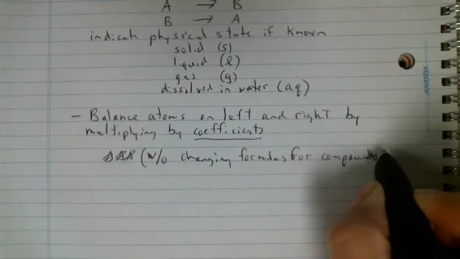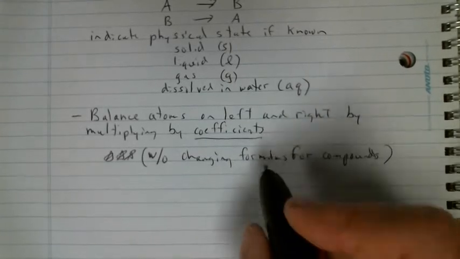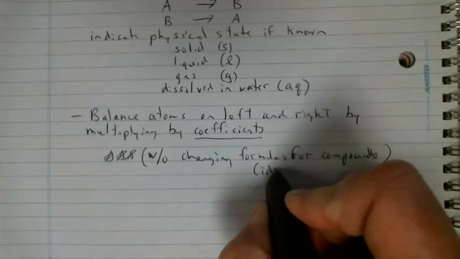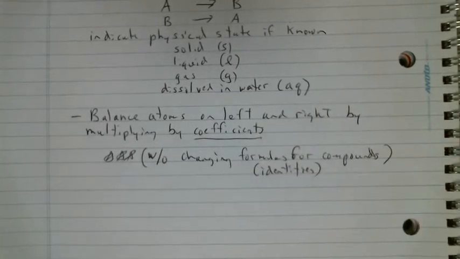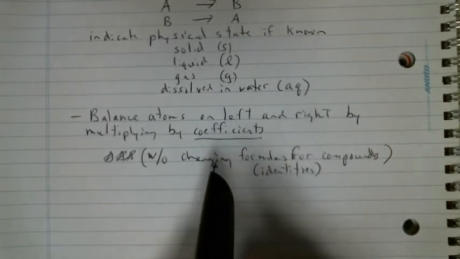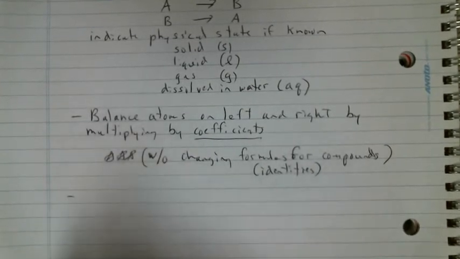That means you cannot change the subscripts. You can't change it into something else. So the formula of the compounds, that's the identity of that. So you can only change the numbers out in front, the coefficients, how many of those atoms or molecules you have.